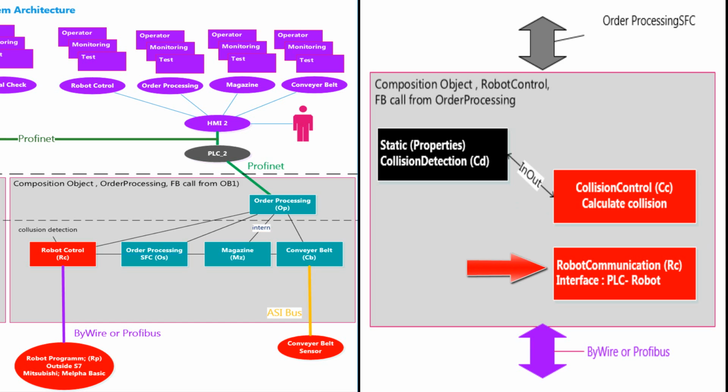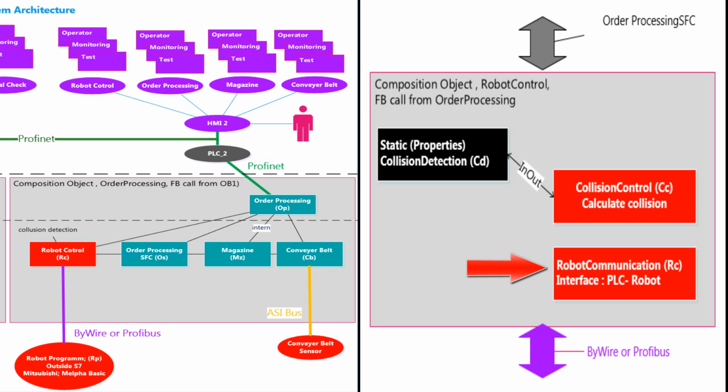Robot communication is the interface between PLC and robot. Most manufacturers have such an interface in hardware. We use an interface in software. For our type of Mitsubishi robot, there is no hardware interface available.